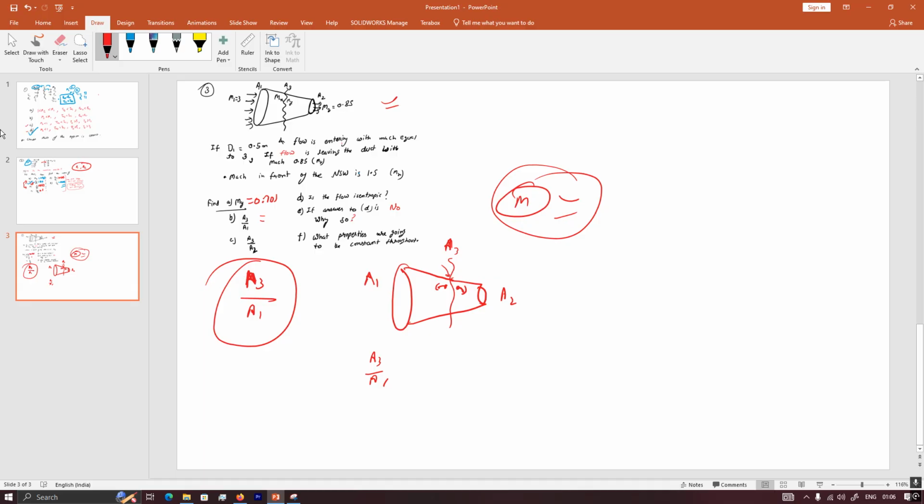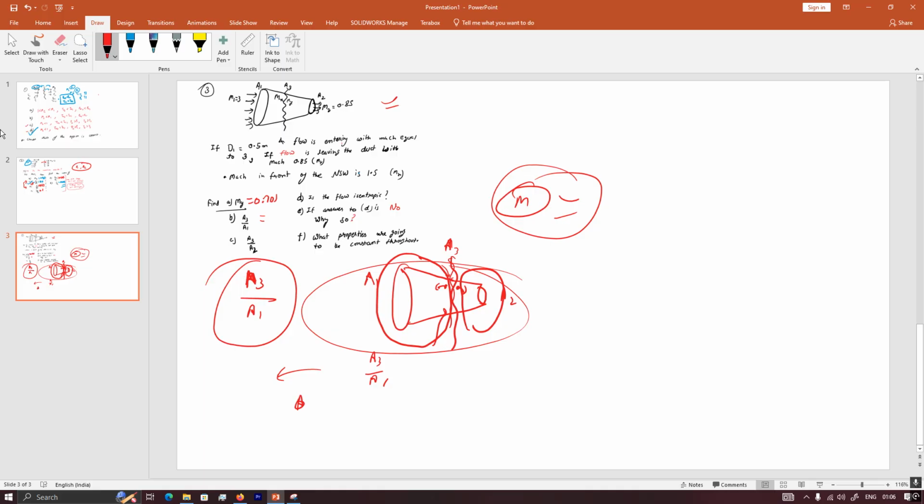I will suggest that use the upstream one, because this particular part is isentropic, and this particular part is isentropic, just before and just after the normal shockwave. The whole nozzle is not isentropic. So just before the normal shockwave.